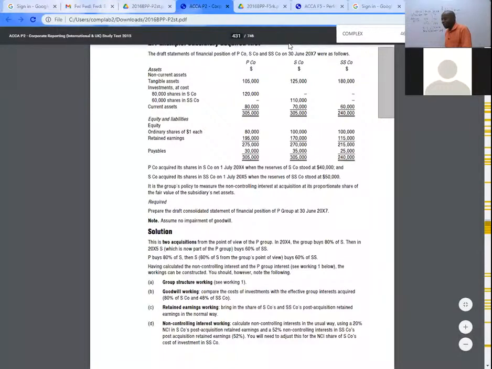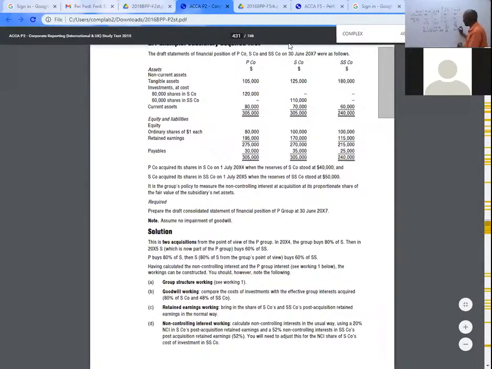Post-acquisition profit NCI. Inakuja namna gani? Tulikuwa nao kwa ikona. Tulikuwa tumegawa post-acquisition profits. 26. Thank you very much for S. How about for SS?